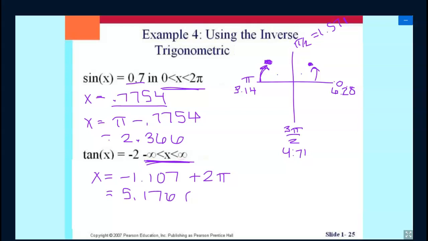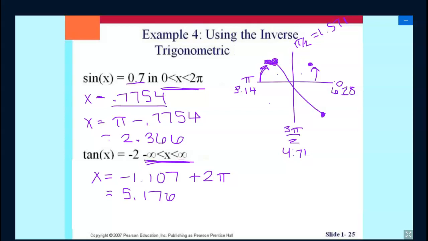So if this is occurring in quadrant 4, then the other point occurs across from it, because tangent is positive here and here. So if tangent's here, it's negative, which means its other point occurs over here.